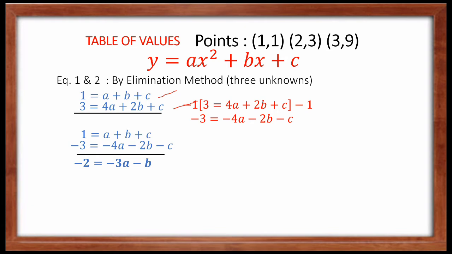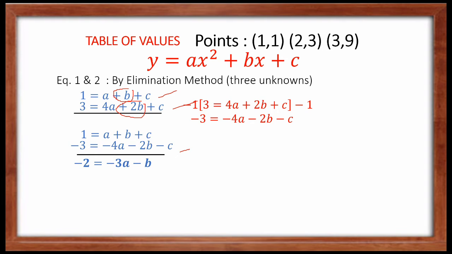For example, our positive 4a: our a terms are a and 4a, and they need to become zero, which means we need negative 4a. We multiply both sides by negative 4 so we can cancel there. As for b, we have a positive 2b here, so we need a negative 2b above, which means we multiply it by negative 2 outside. Now, we have negative 3 equals negative 4a minus 2b minus c.